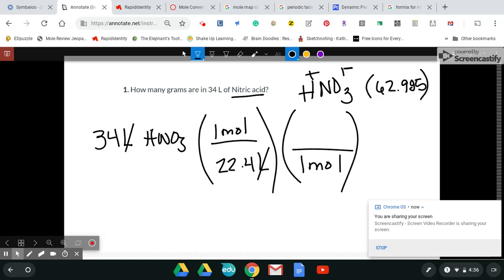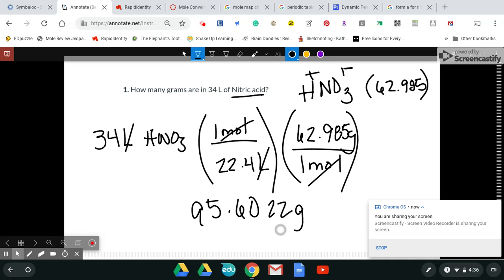So 1 mole, they cancel, equals the 62.985 grams. And when I do that, so 34 divided by 22.4 times 62.985, this is going to give me 95.6022 grams of HNO3.